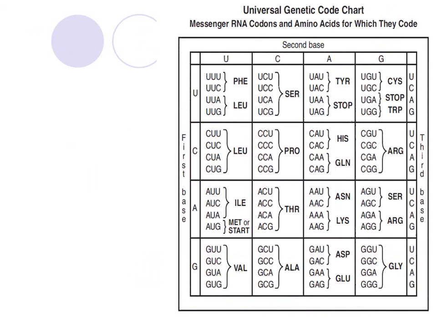Okay, and just before we begin to look at the universal genetic code chart, if you remember the 20 common amino acids, that's what these codons are giving us.